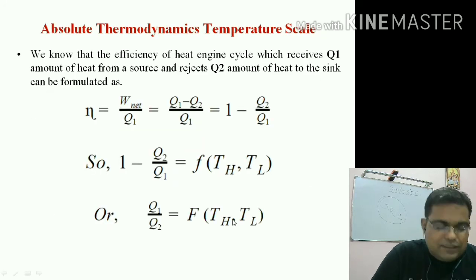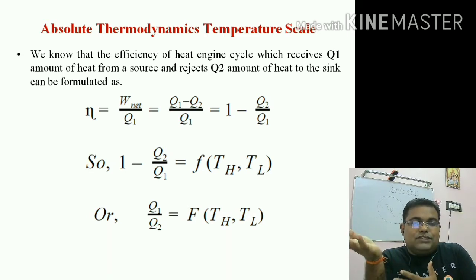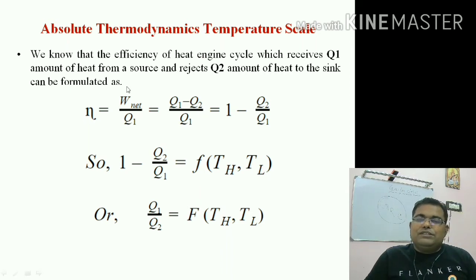So we know that the efficiency of a heat engine cycle, which receives Q1 amount of heat from the source and Q2 rejected to the sink, we can express simply as efficiency equal to (Q1 minus Q2) divided by Q1, which can be further rearranged this way: 1 minus Q2 divided by Q1. So this 1 minus Q2 divided by Q1 is basically a function of temperatures, right?